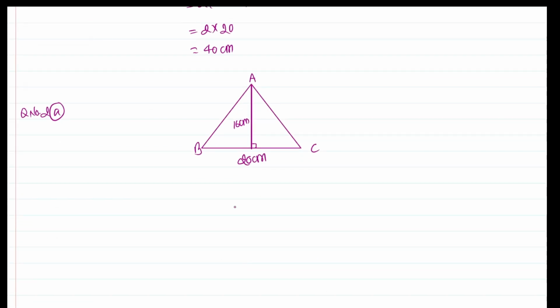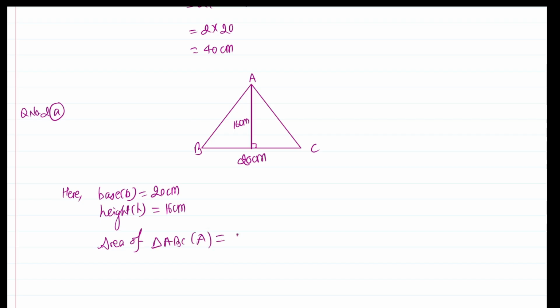Now we know when base and height are known, then the area of this triangle will be half of base times height, right? So here base is 20 centimeter and height is 16 centimeter. We need to find area of triangle ABC.